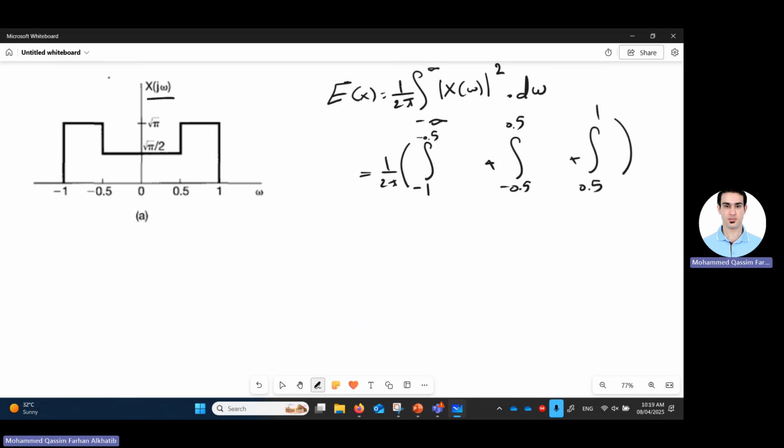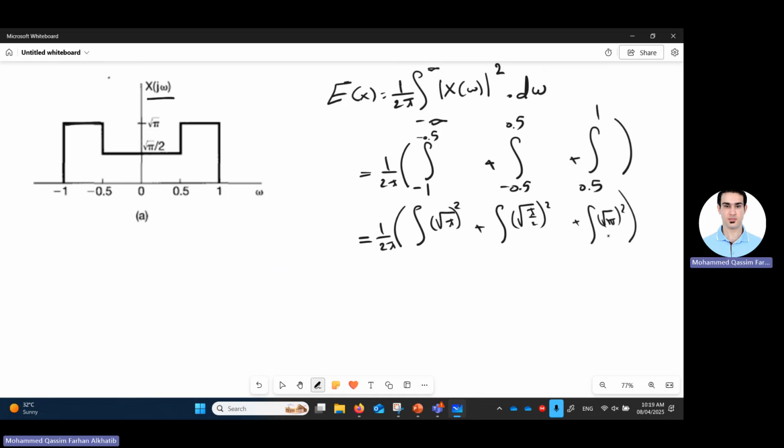So simply 1 over 2 pi times the integration. What is the first value here? Negative square root of pi, so square root of pi squared, plus the integration of square root of pi over 2 squared, plus square root of pi also squared.